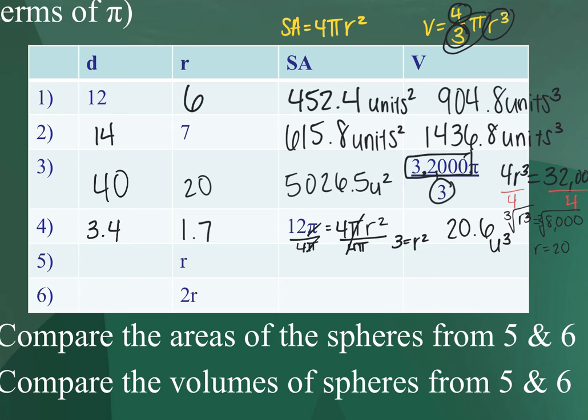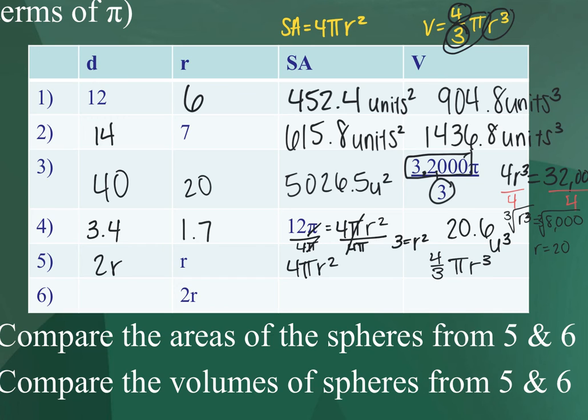If our radius is left in terms of r, we would just write 2r for the diameter, because we multiply our radius by 2 to get the diameter. Our surface area would be the same formula, so 4 pi r squared. Our volume would be 4/3 pi r cubed. You would just leave it. Yep.